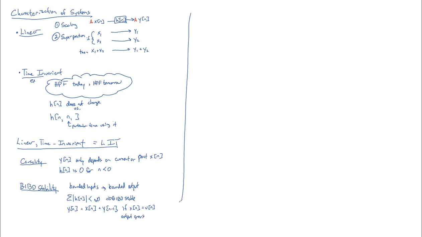The last thing we want to cover is lossless and its related concept of passive. A system is lossless if the output energy is equal to the input energy. So how do we define energy?